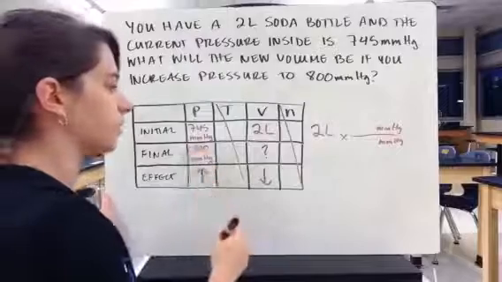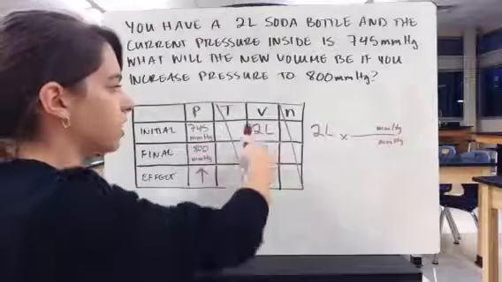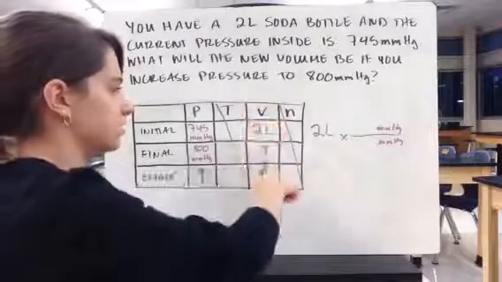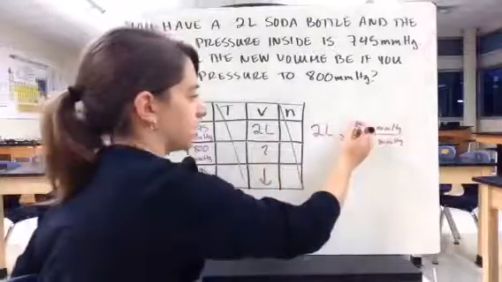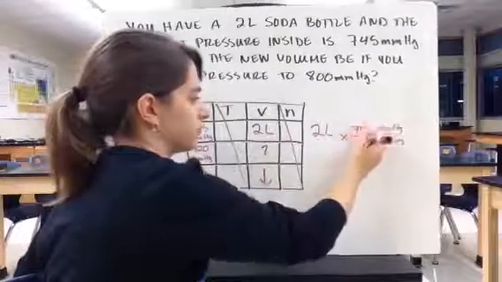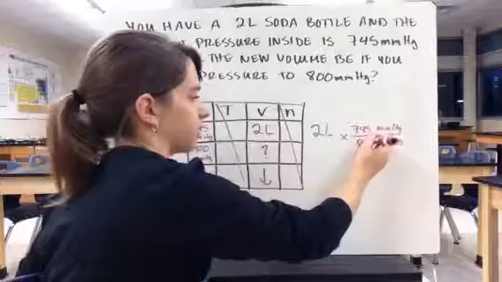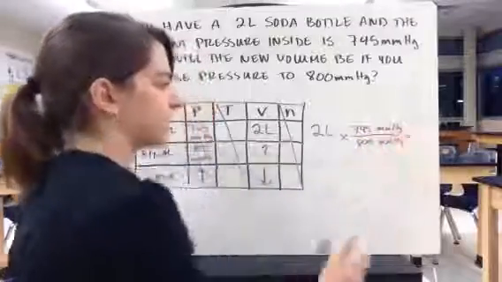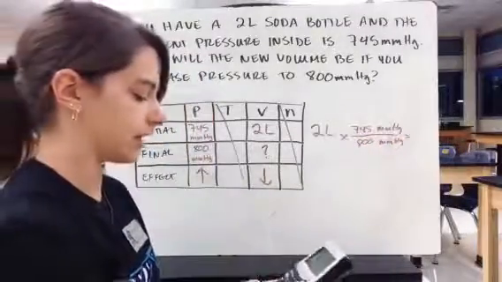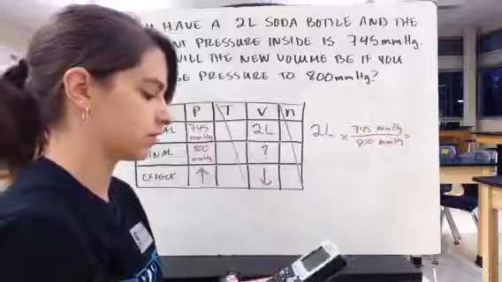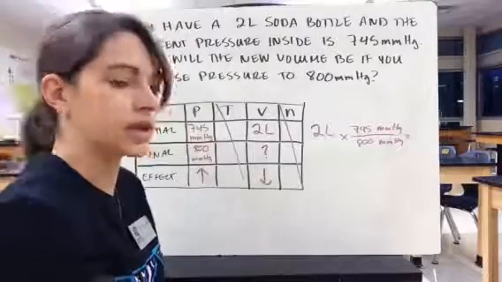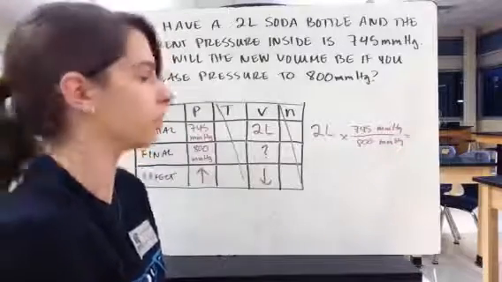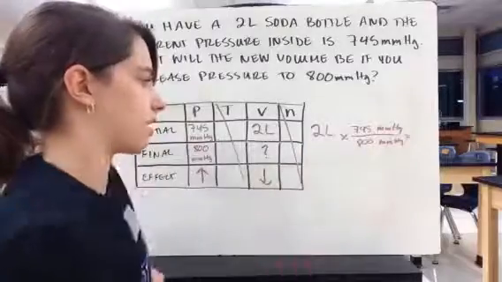Now we have to figure out where we want our numbers to go. If we want our volume to decrease, we need our smaller number on top and our bigger number on bottom. Because if we divide 745 by 800, we get 0.93125. We get a number smaller than 1, so that's going to make this number go down.